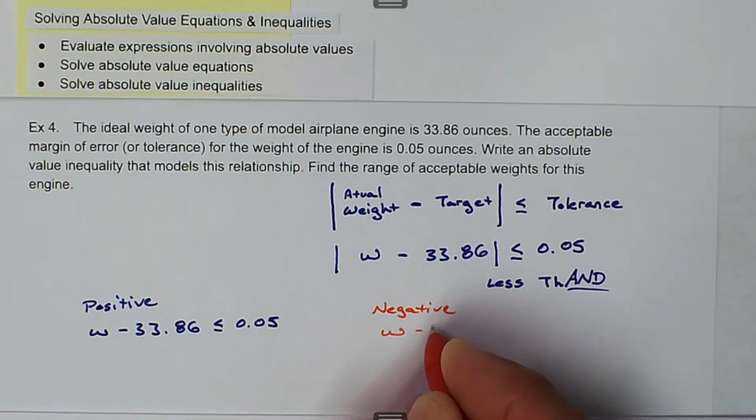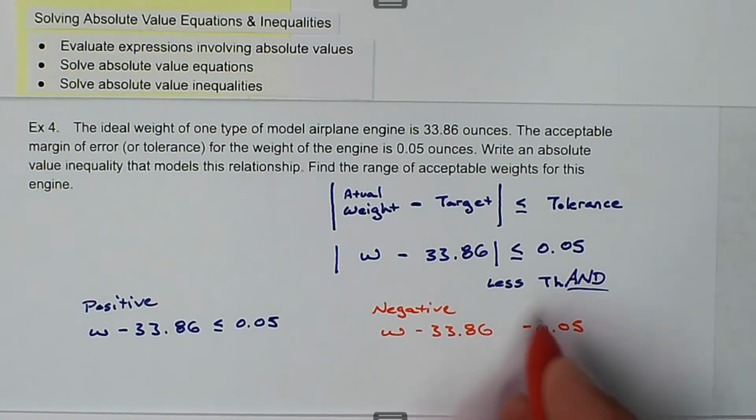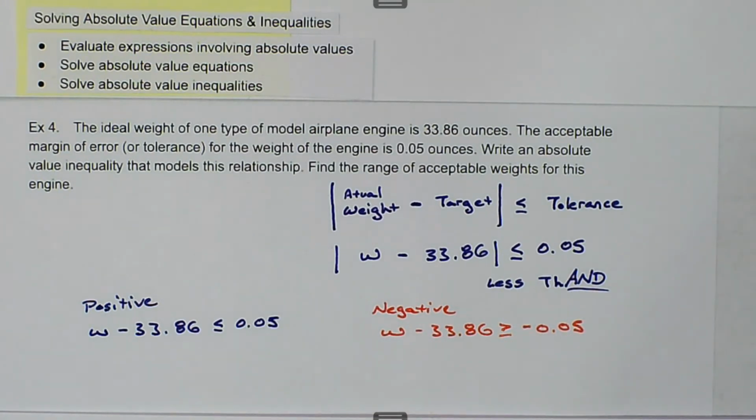So we write it down as 33.86, we change the answer to negative, and because we change that to negative, we have to change the direction of the inequality. And now we can solve.